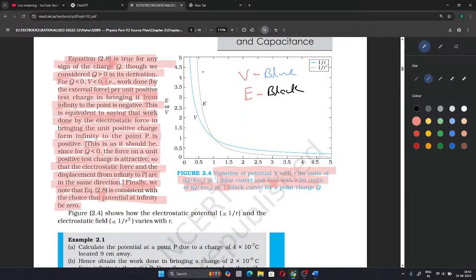As the radius increases, this is the highest point where the radius is very small.